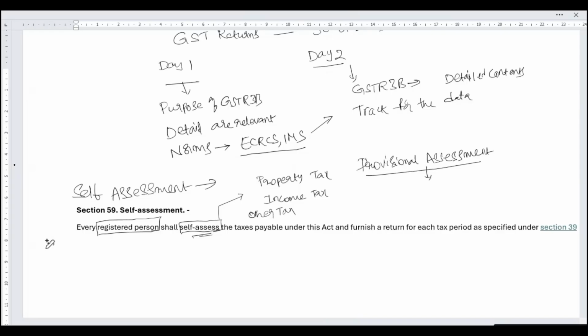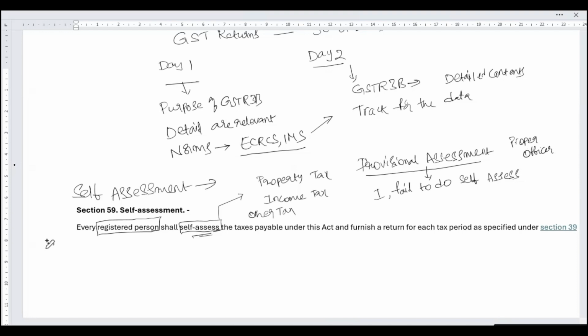This is done when I fail to do self-assessment. If I fail to do self-assessment, then I go to the proper officer. This particular proper officer will be doing this assessment. So this is called your self-assessment.